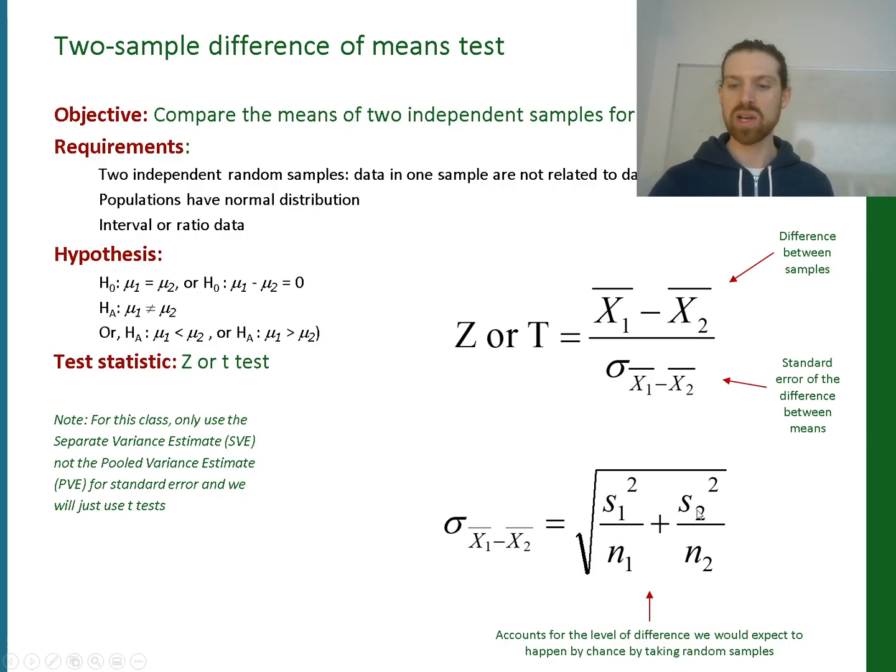And then equally for the second one, this 2 here refers to the second sample. We're squaring the standard deviation, so we're getting the variance, and then we're dividing it by the number of sample points that we have in that second sample. Okay, so this accounts for the level of difference we would expect to happen by chance when taking random samples.